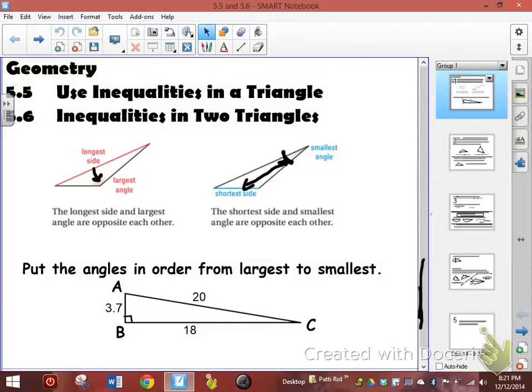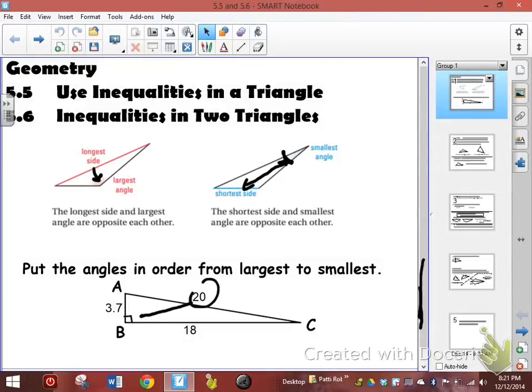But anyway, in this triangle, it says put the angles in order from largest to smallest. I wish I would have made that smallest to largest, because in the bookwork it asks you to do it from smallest to largest. But what they've given us on this is the lengths of the sides. And since I want the largest first, we'll just have to look for the largest side, which is this 20.